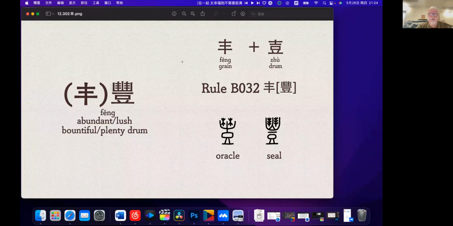Most people think it's a harvest ritual where people bring in the harvest. In this one oracle character, you see it looks like a tree, which represents a plant, which represents a harvest. And so feng is that offering, the harvest offering.